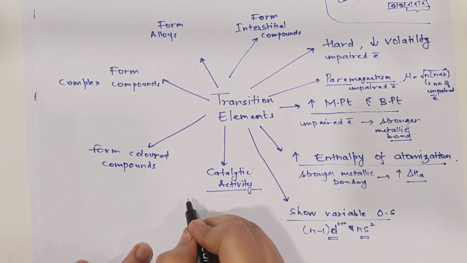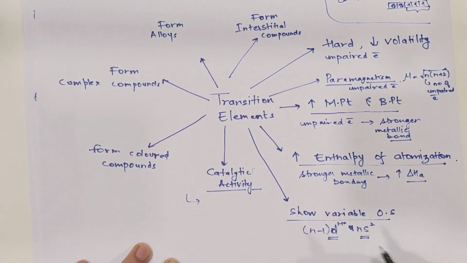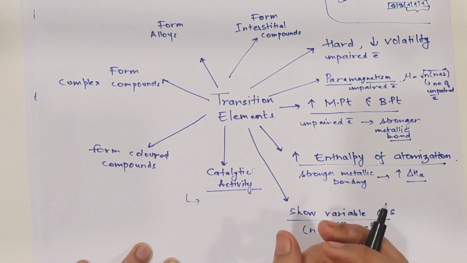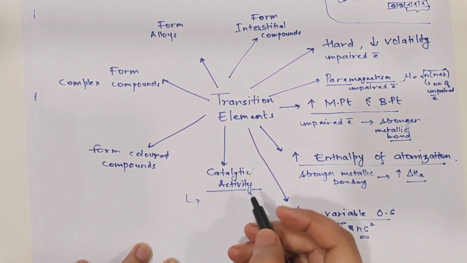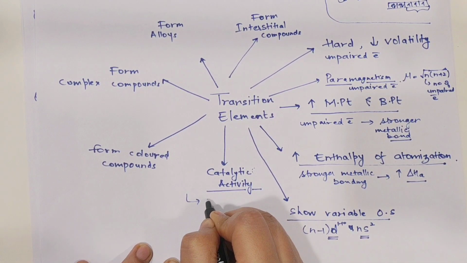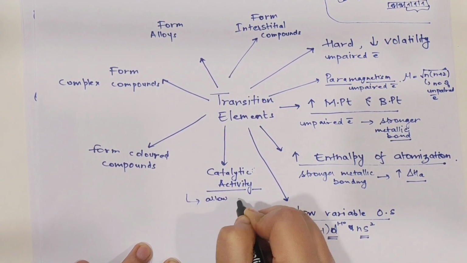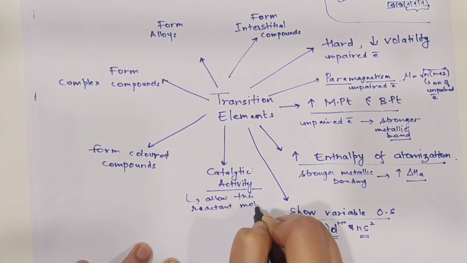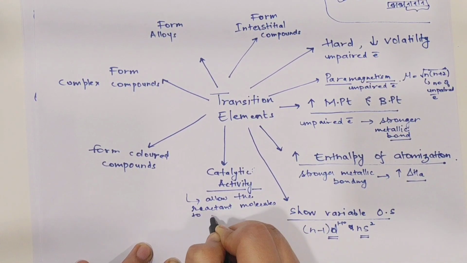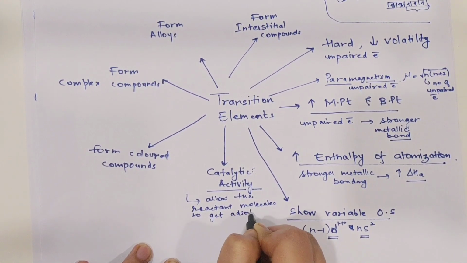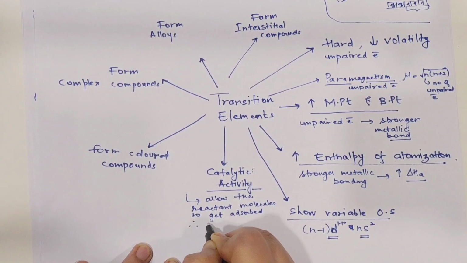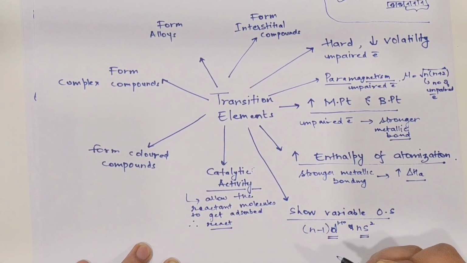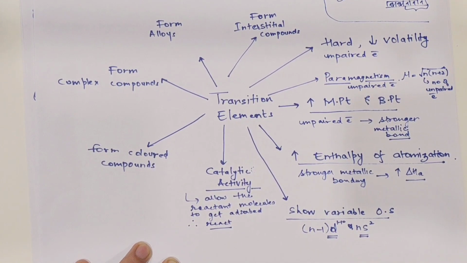One of the ways is providing a large surface area for the reactants to come and bond with each other. They allow the reactant molecules to get adsorbed, and therefore react. Or in other words, they provide a high surface area for many reactant molecules to come and get adsorbed and therefore react.